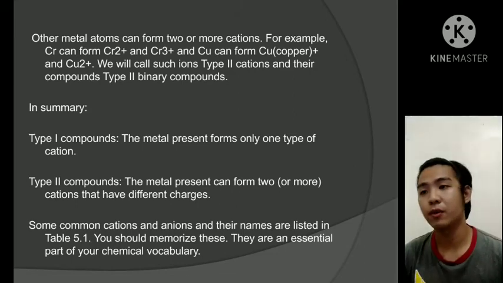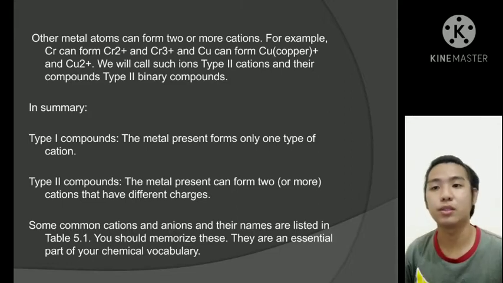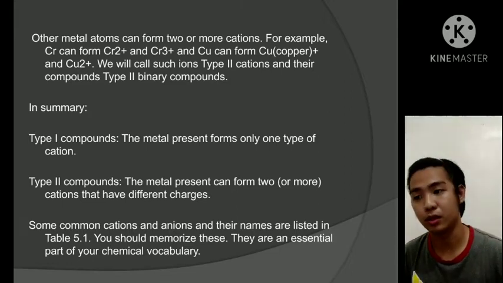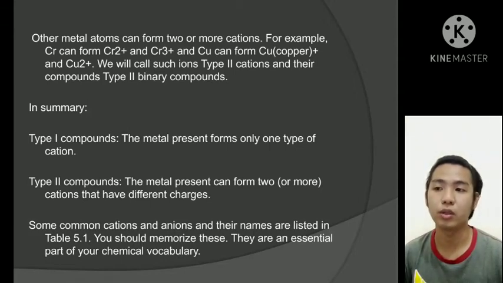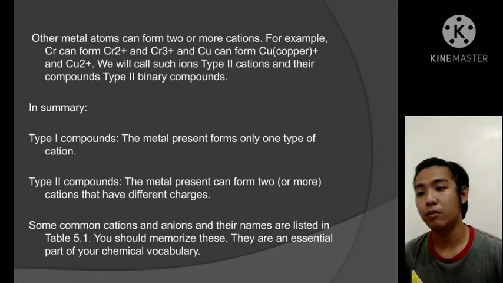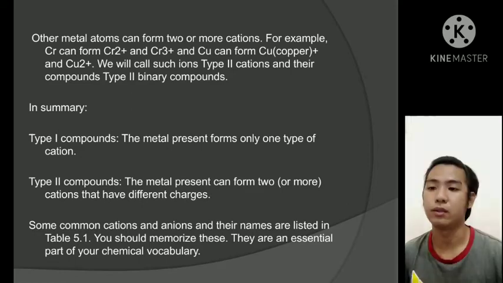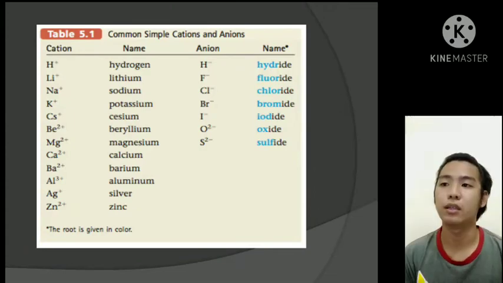In summary, for type 1 compounds, the metal present forms only one type of cation. For type 2 compounds, the metal present can form two or more cations that have different charges. Some common cations and anions and their names are listed in table 5.1. This is table 5.1, presenting examples of common simple cations and anions.